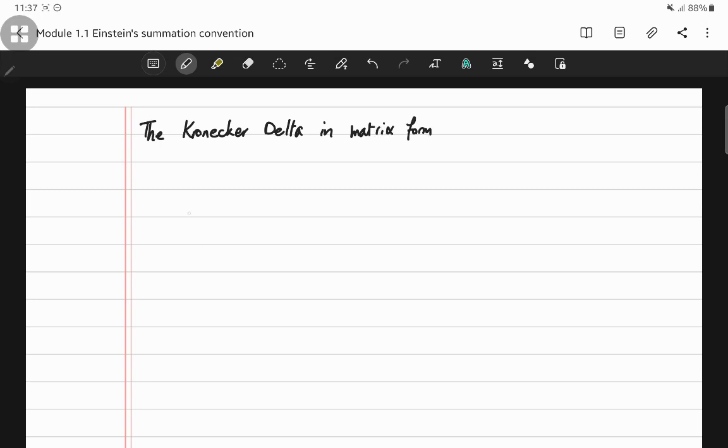If we gather this delta ij in matrix form, you will have 1 on the diagonal and 0 for the rest of the matrix. And this is actually equal to the identity matrix.